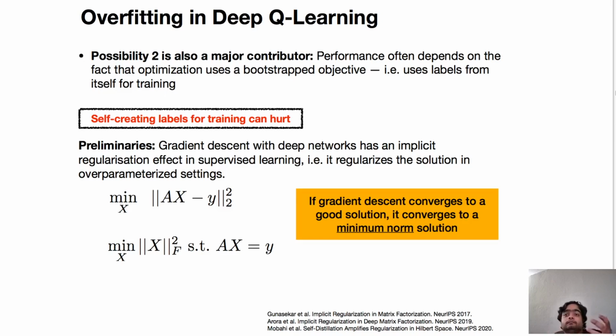But among all those solutions that satisfy ax equals y, this is the solution of minimum Frobenius norm. So the Frobenius norm of x is very small. And here you consider x being a matrix.